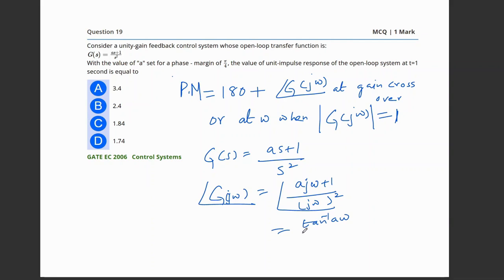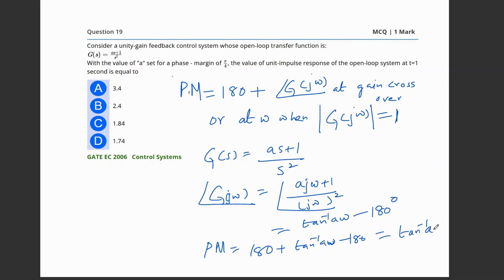Angle of j omega is 90. Angle of j omega the whole square is 180. So this is tan inverse of a omega minus 180. So phase margin is actually 180 plus tan inverse of a omega minus 180. So this is actually tan inverse of a omega.